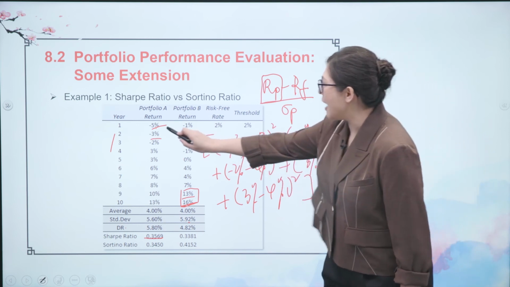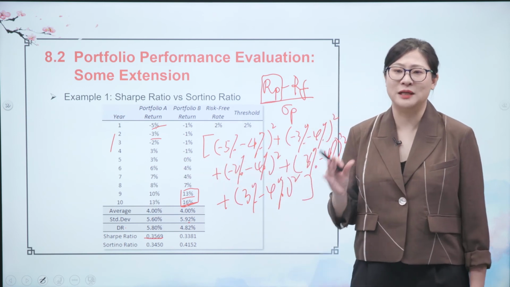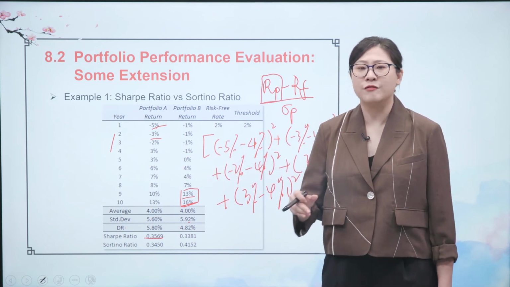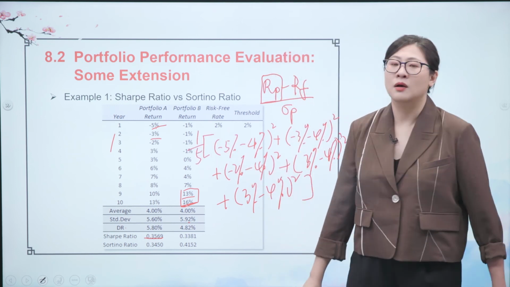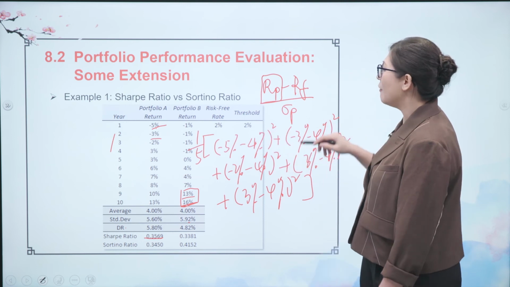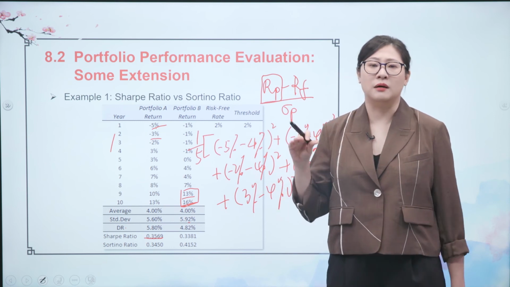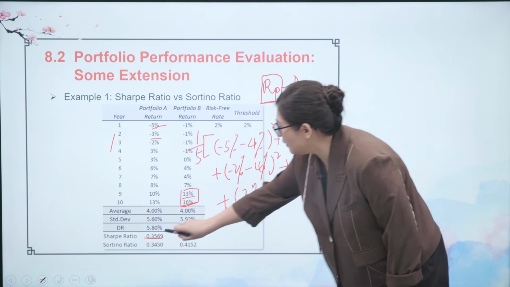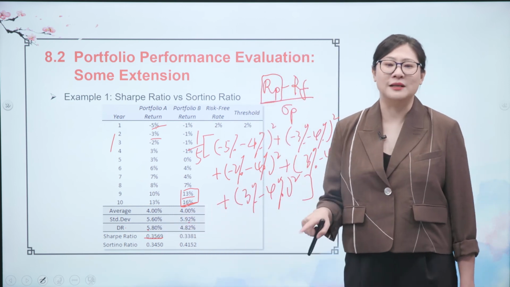So we have 1, 2, 3, 4, 5. So in total 5 returns are below your average. So it is 105. And then if you calculate all of this, don't forget you have a square root. So take the square root. Finally, you will get the result for downside risk, 5.8.